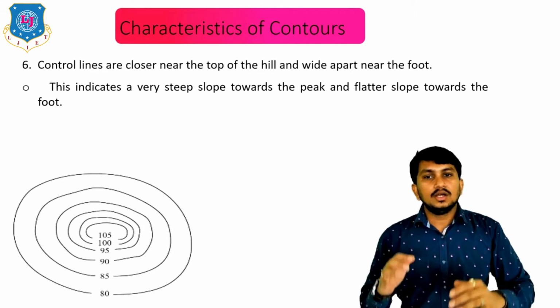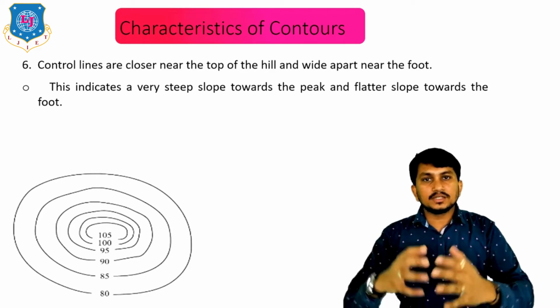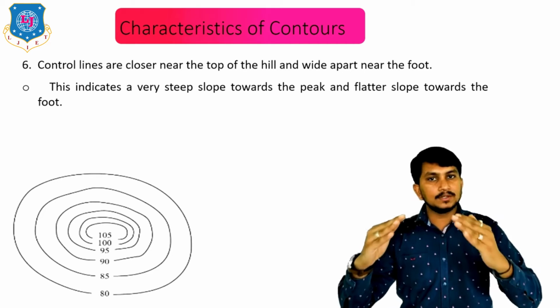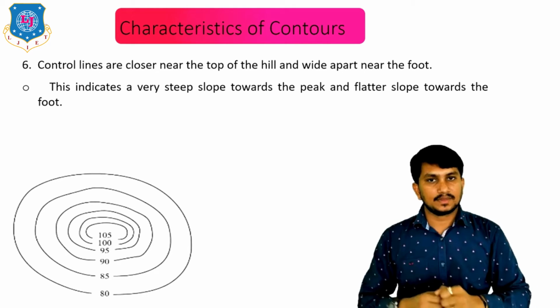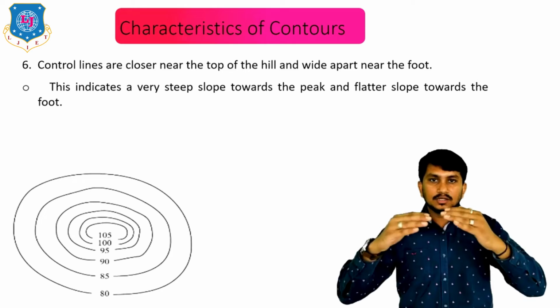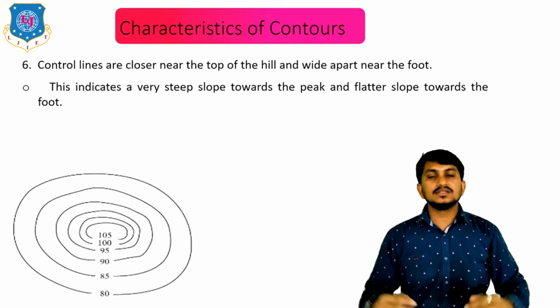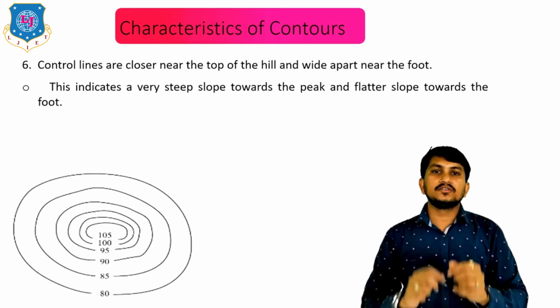Contour lines are closer near the top of the hill because there is a steep slope, and where there is a steep slope, horizontal equivalent will be less. The contour lines are far from each other because of the flatter slope, where horizontal equivalent will be more.